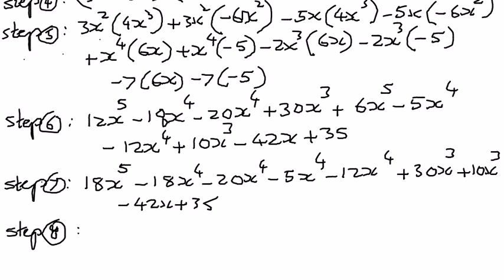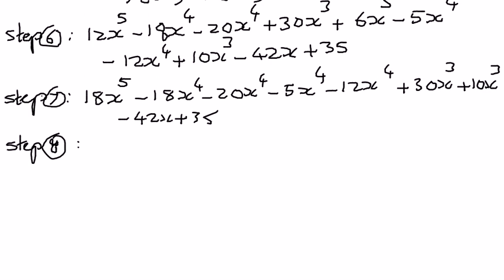So this is going to be equal to 18x to the power of 5, negative 18x to the power of 4 plus negative 20x to the power of 4 plus negative 5x to the power of 4 minus 12x to the power of 4.